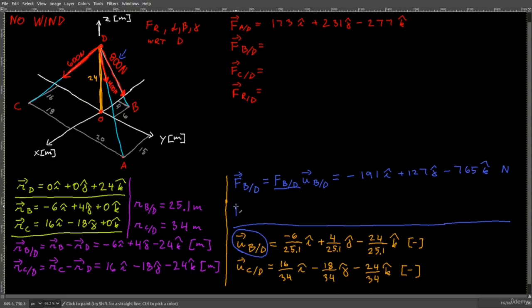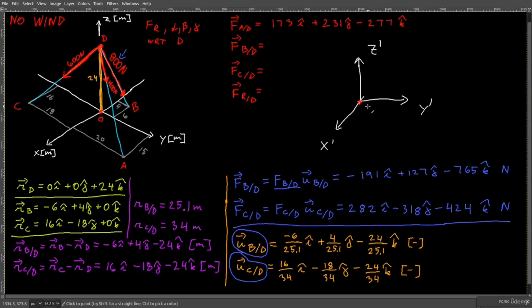And then I'm going to do the same thing with FC with respect to D. I have its magnitude, which is 600 newtons, times the unit vector, C with respect to D. So it's this one here. And so that's your answer. So this force vector, C with respect to D, its magnitude is 600 newtons.